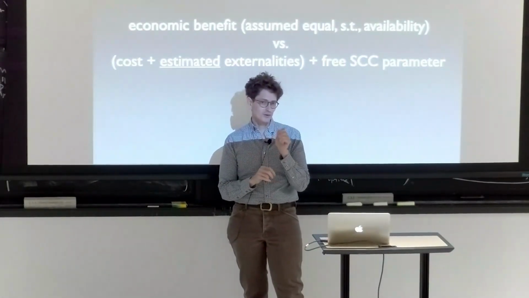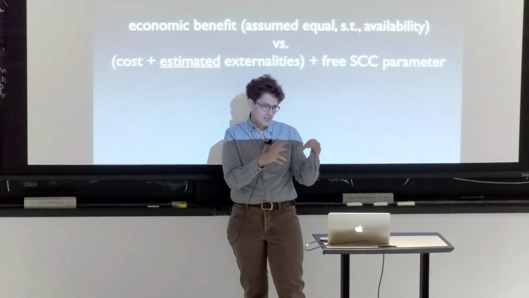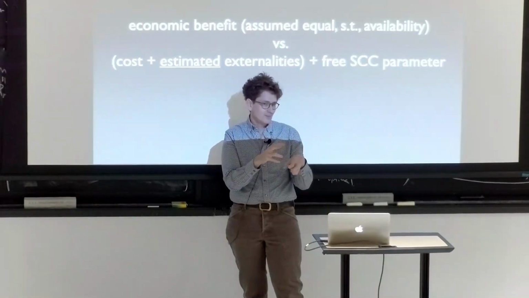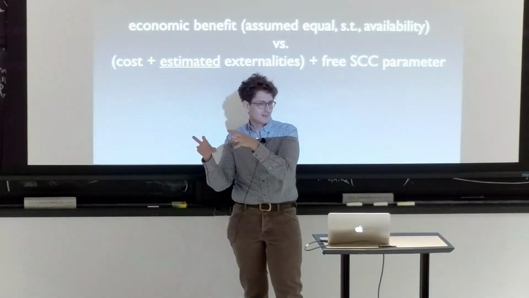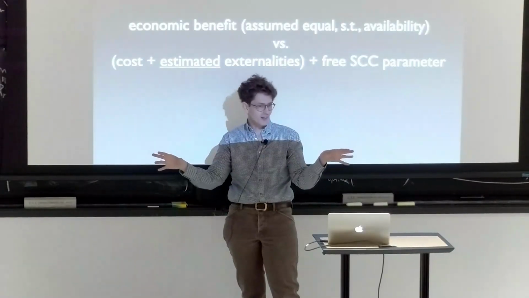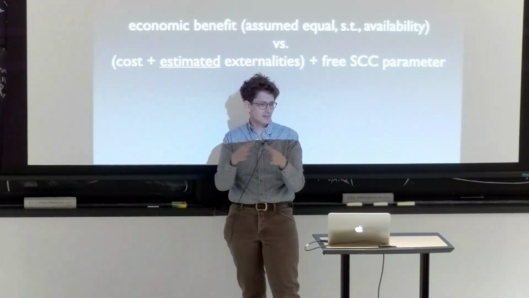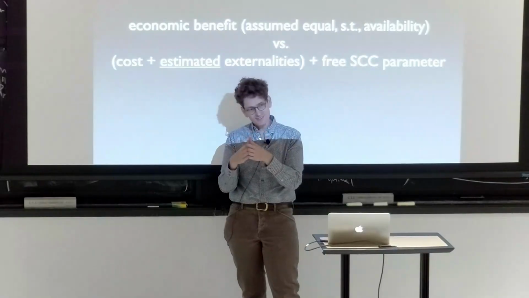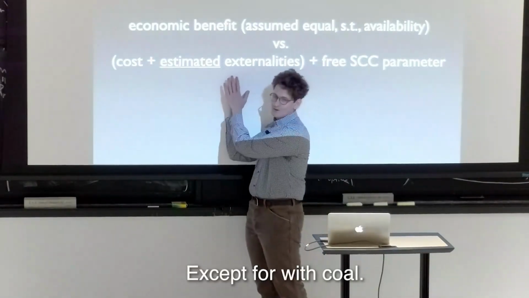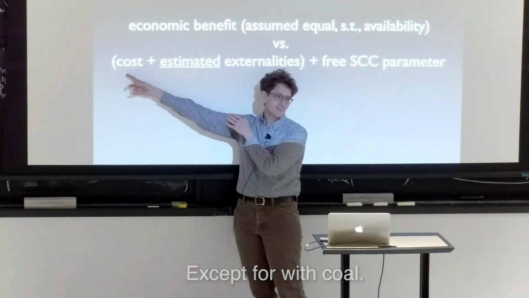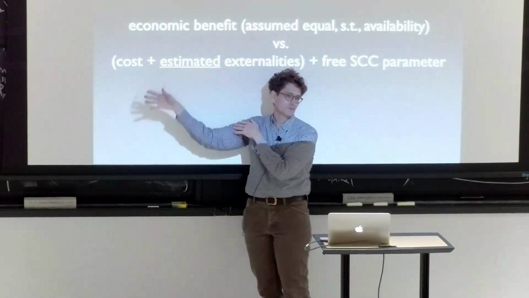One is I will look at the most intensive study of externalities ever done and tell you what they said. And then we will look at a meta-analysis that averages across all the externality studies done and looks at the median values and see what that says. And as it turns out, the answers from both of those are very tiny compared to the variance in this. So it won't really matter.